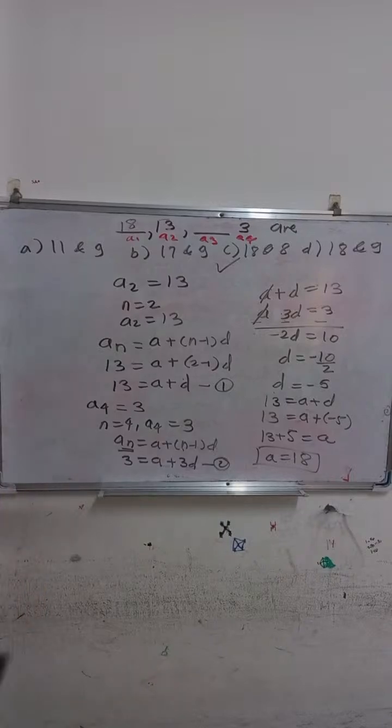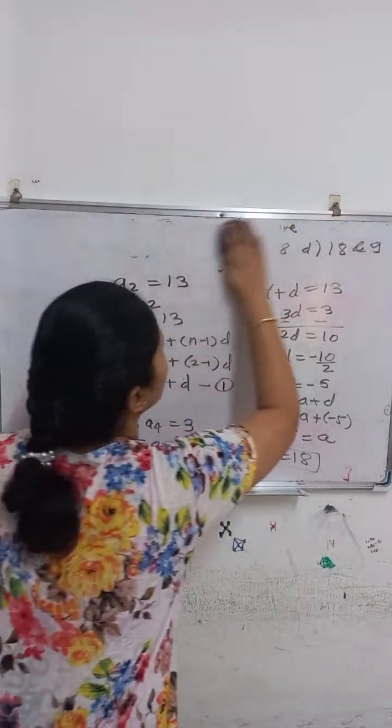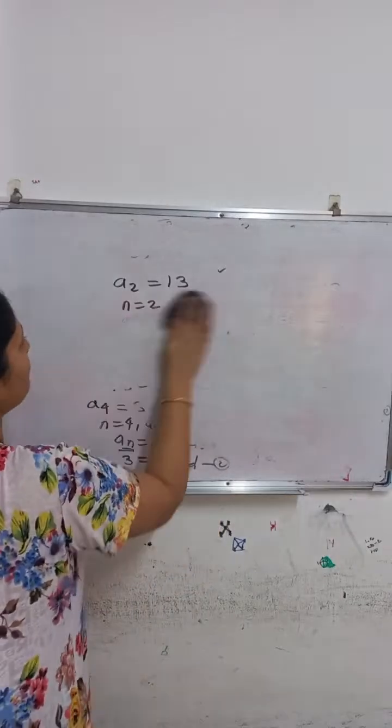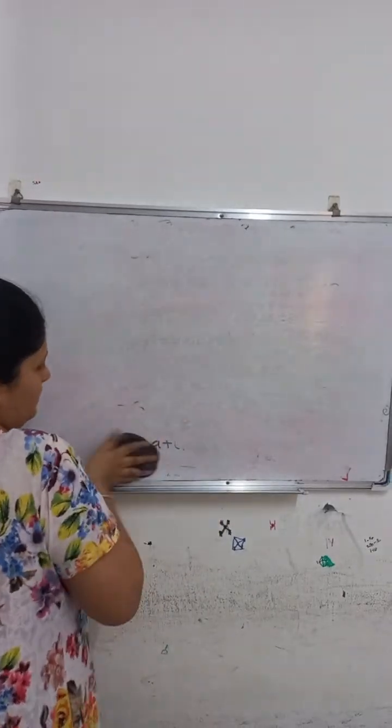Options are given: the first option 75, the second option 85, the third option 65, and the last option minus 75. Okay, so I will repeat the question. The sum of the first five multiples of 5 is 75, 85, 65 or minus 75.